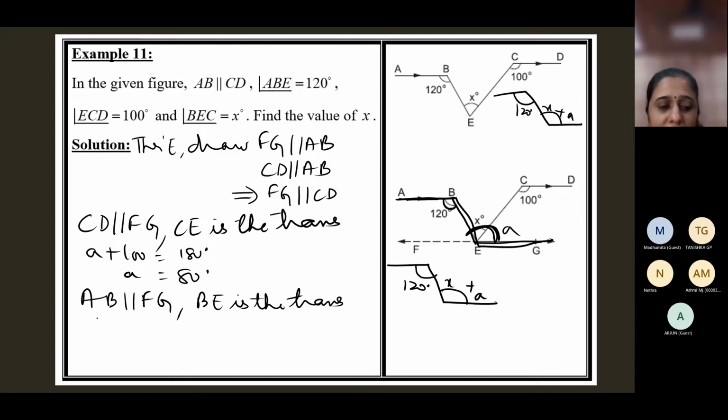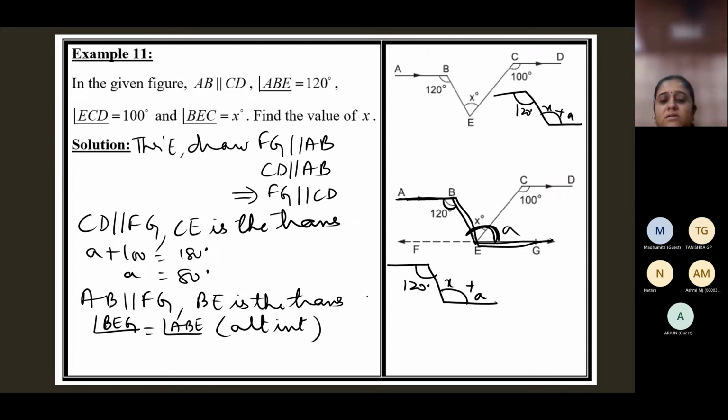So angle BEG is equal to angle ABE, alternate interior angles. But what is BEG?